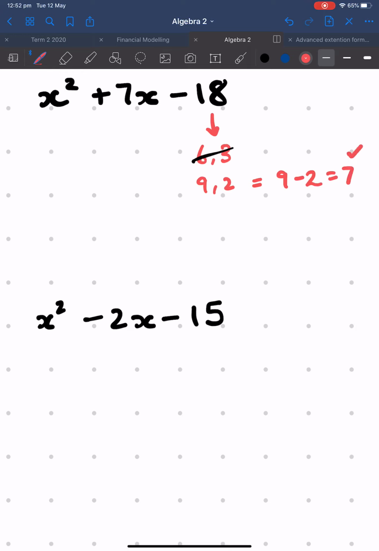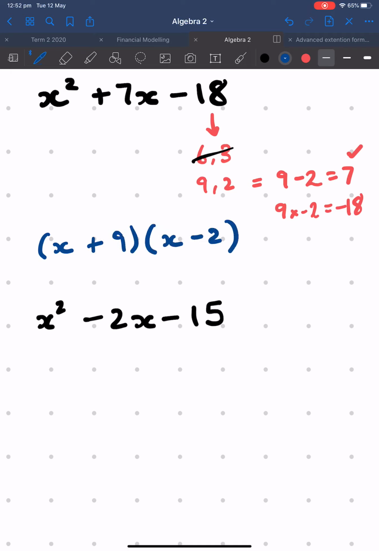That works. And now what I need to check is, well, if I do 9 times minus 2, does that equal negative 18, which is what I need this time? And that also checks out. So that means my answer is, like we said before, positive 9, negative 2.